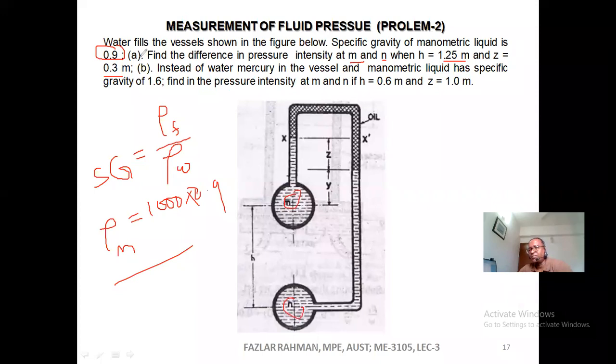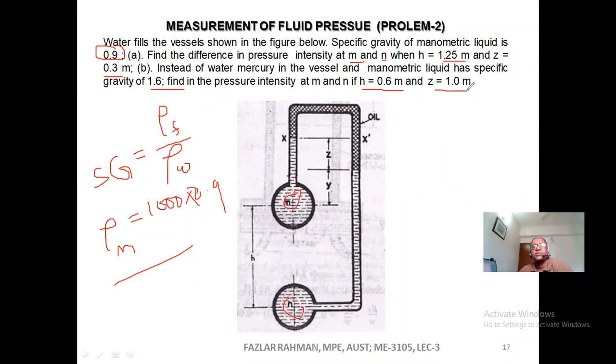This is one problem. Second problem, instead of water, if mercury in the vessel and manometric liquid has specific gravity 1.6, then what will be the pressure difference? If A is equal to 0.6, Z equal to 0.1. So ultimately, just two problems with different situations.